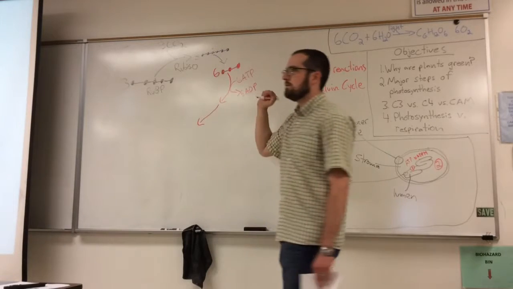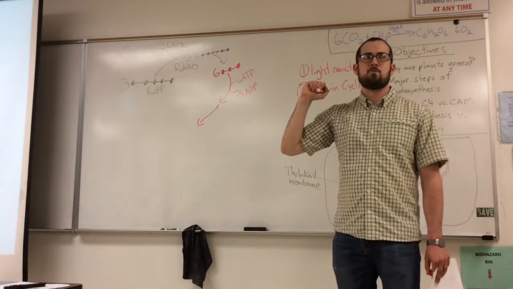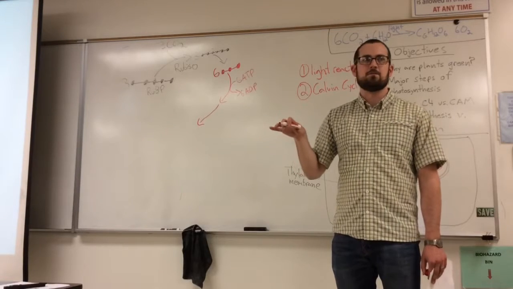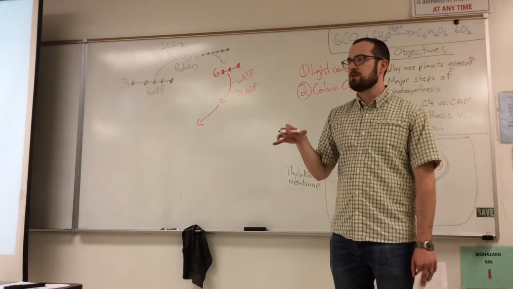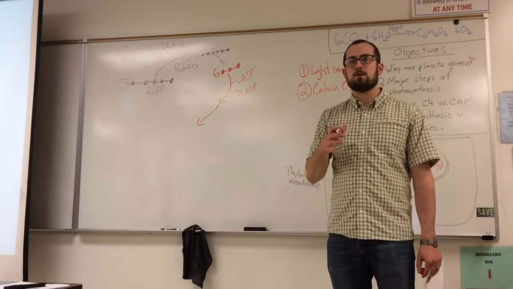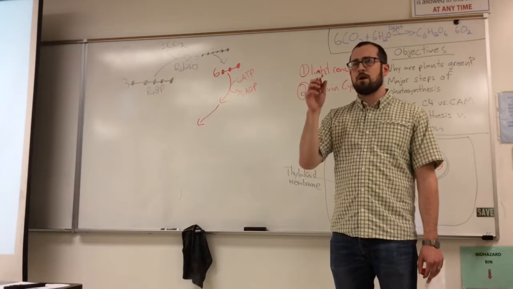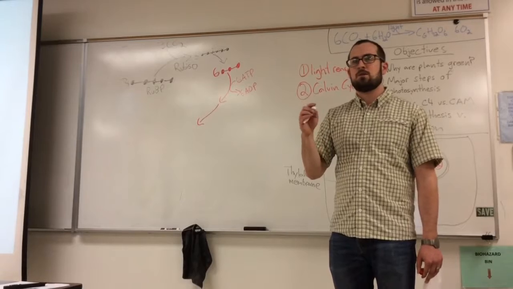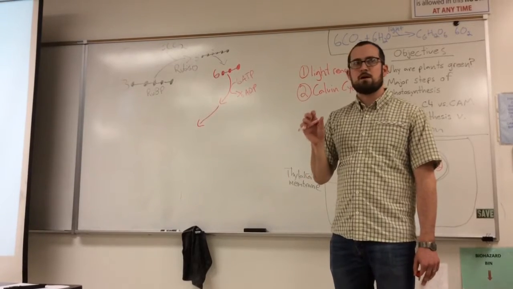Now you don't need to worry about remembering the numbers of ATP and NADPH that we're using here. You just need to know that for each cycle that we go through, we're going to be incorporating 1 carbon dioxide. So each time we go through the cycle, we capture 1 carbon from the atmosphere.